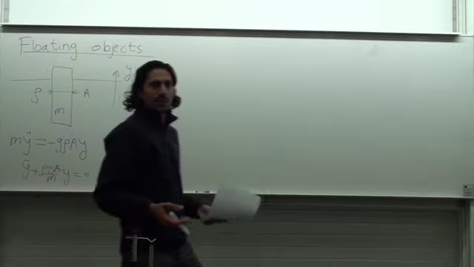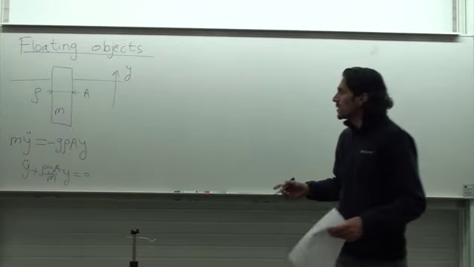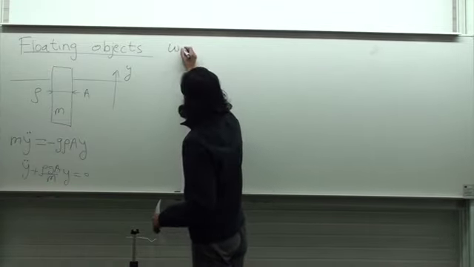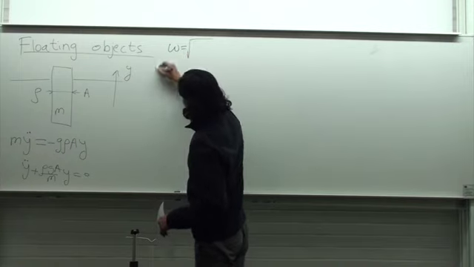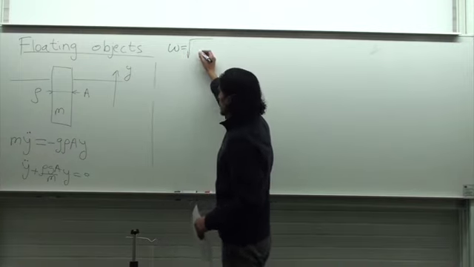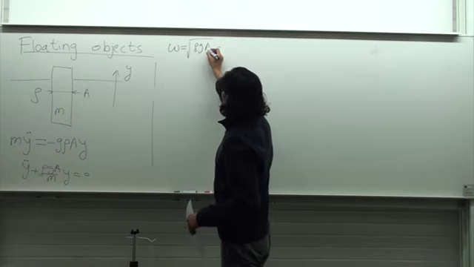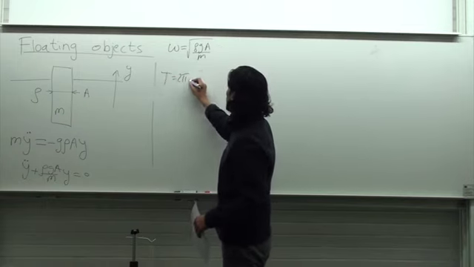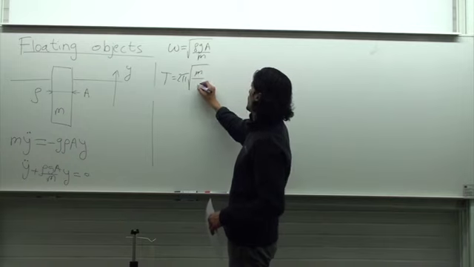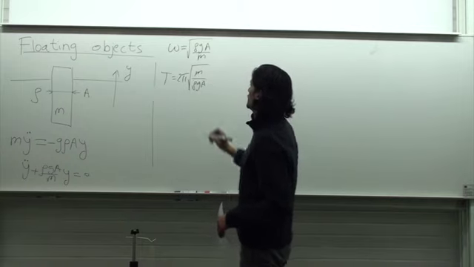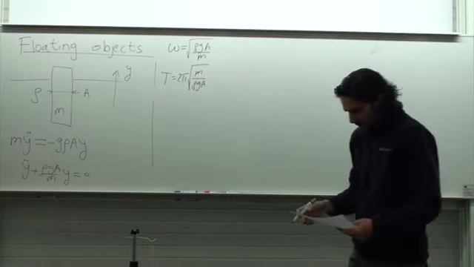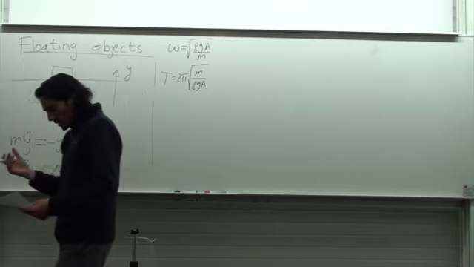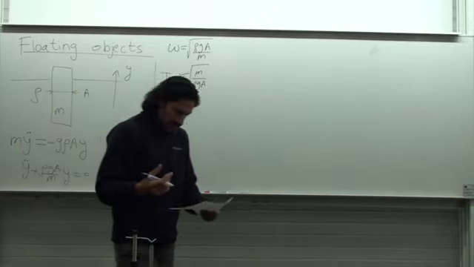Again, we're back to the same type of equation. So omega is the square root of rho g a over m, and thus T is 2 pi times the square root of m over rho g a. Let's just use some of these numbers that you have in the book.